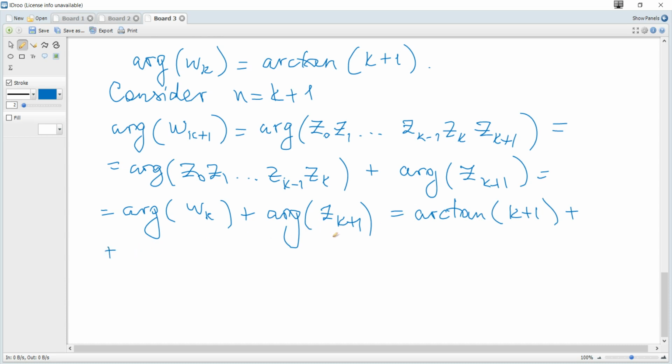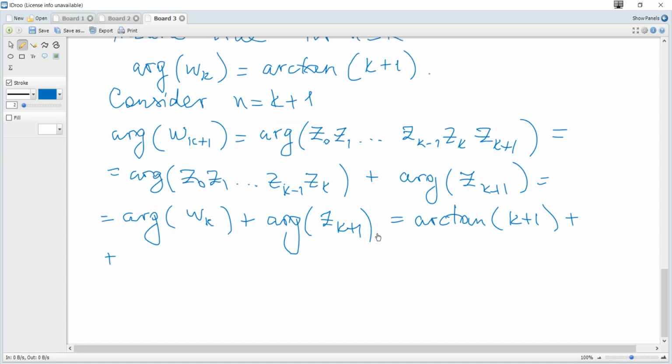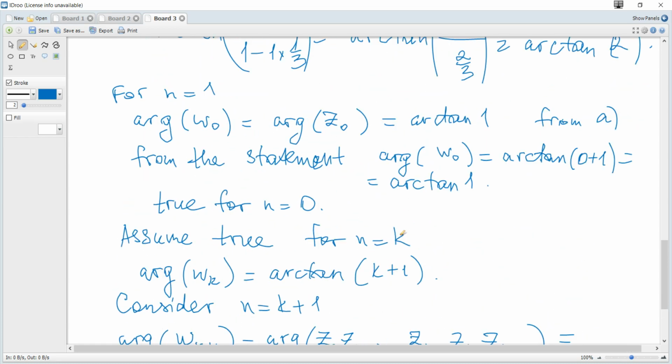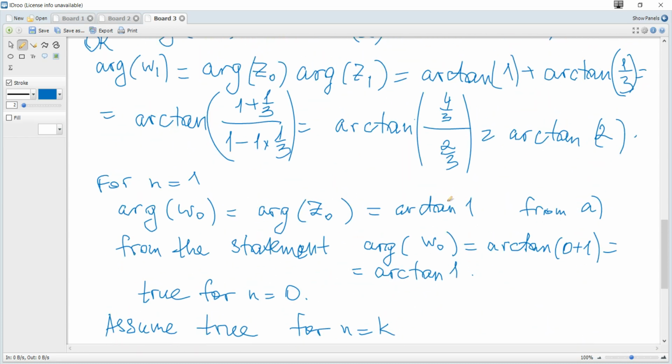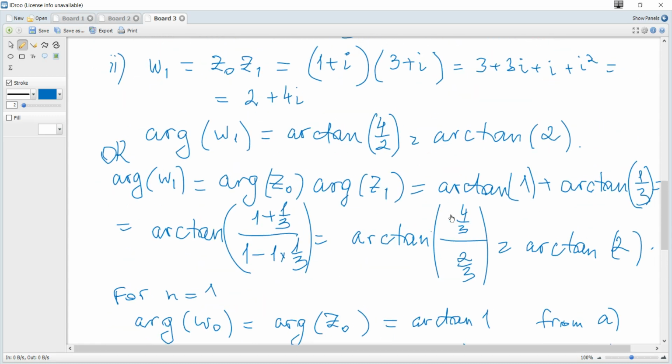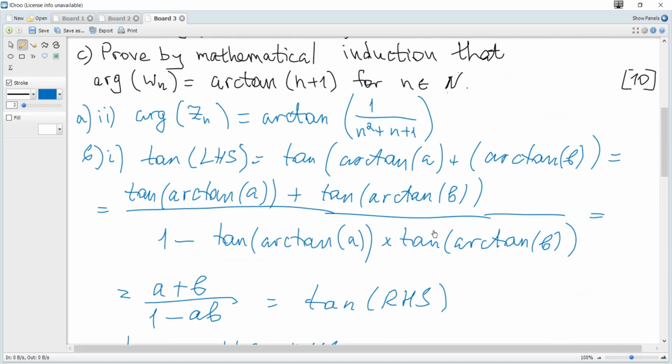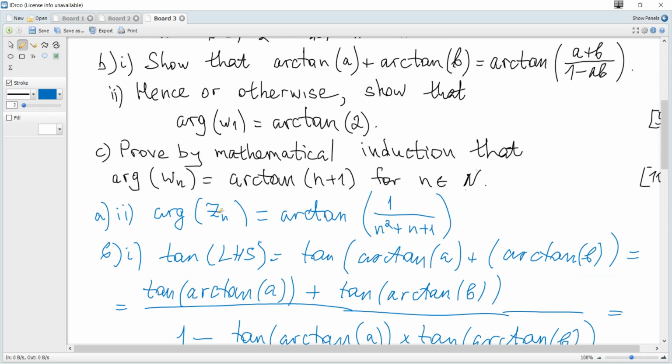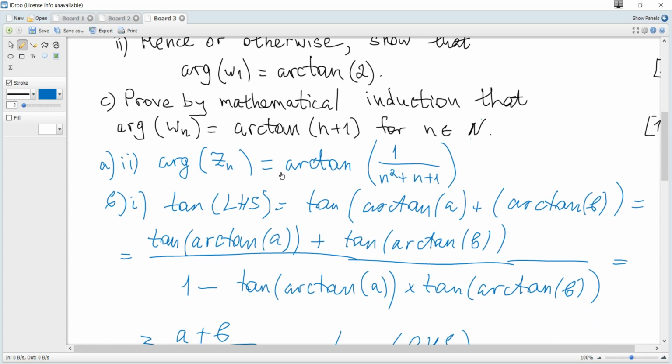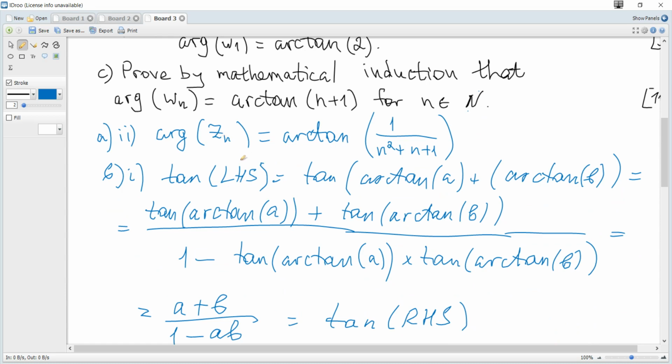plus what is argument of zk plus 1? It's argument of only one value, one complex number, and it was the general form. Argument of zn is arctangent of 1 over n squared plus n plus 1, and we need to consider just n to be k plus 1.